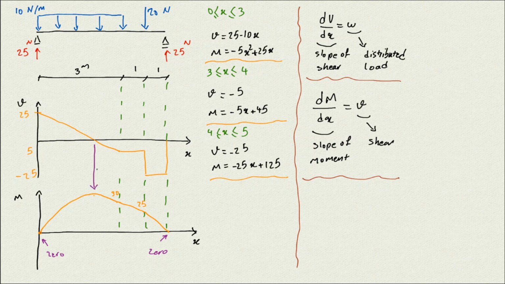Basically this is 0, and here is going to be max, because when the shear is 0, it means the slope of the moment is 0, so it's going to be max, or it might be on the other side. So in magnitude it's going to be maximum, or it can be the minimum down here, but its slope is 0.